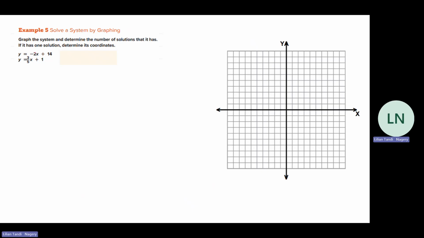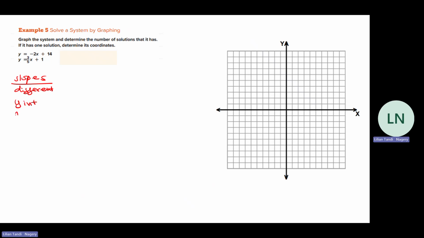Okay? Even before I start, I look at my slope. My slopes are different. I should know how my answer will be even before I start. Y-intercept is different.